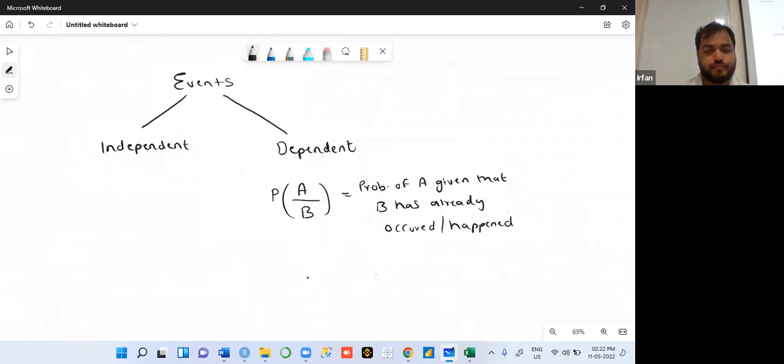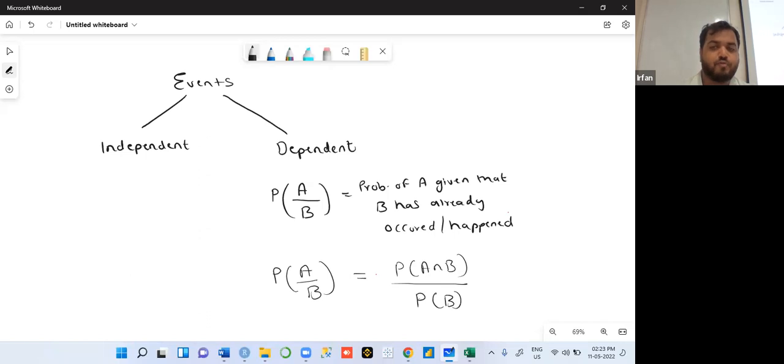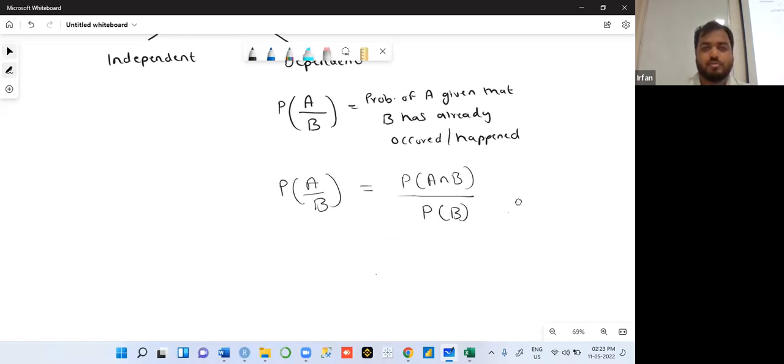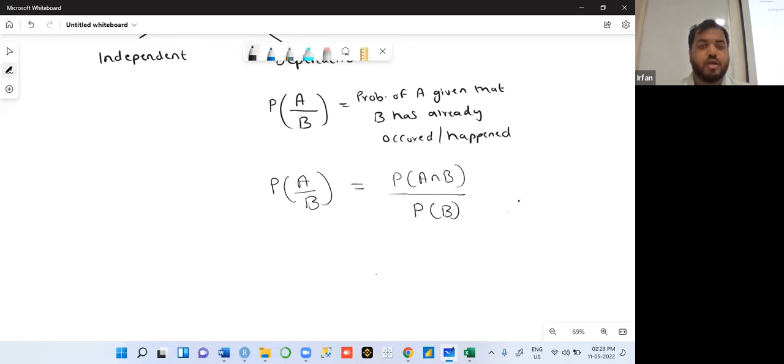If I say the formula given to the scientist, A/B is equal to P of A intersection B divided by P of B. Yes, scientific formulas. Okay. I say probability of A given that B has already occurred, means already happened.